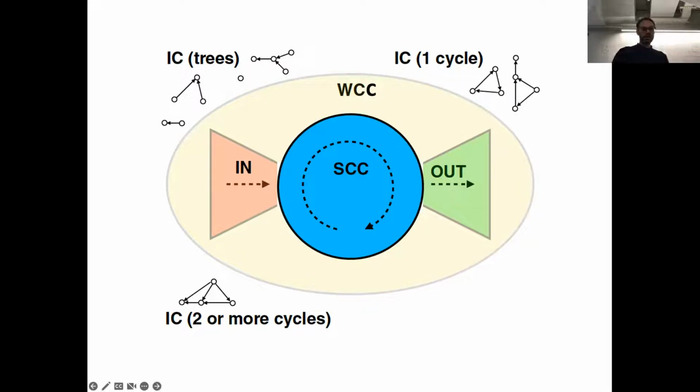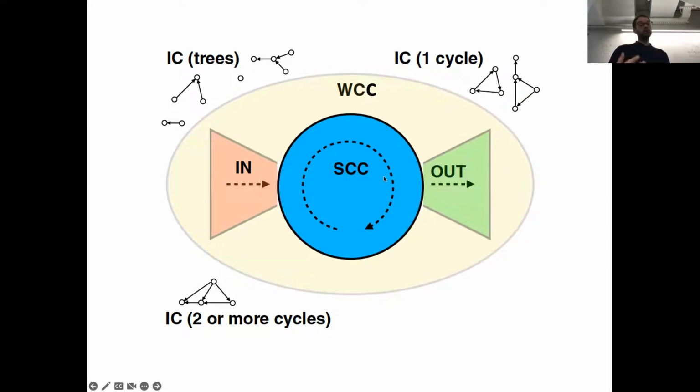The center of this representation is a strongly connected component, or the largest strongly connected component. This is a graph where each node can reach each other node. That's called strongly connected. And then we have here the in component. These are all nodes that can reach the strongly connected component.